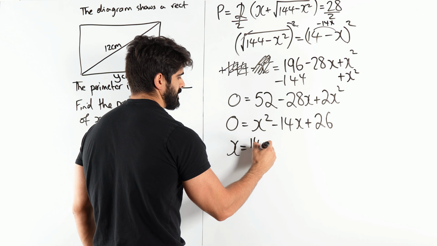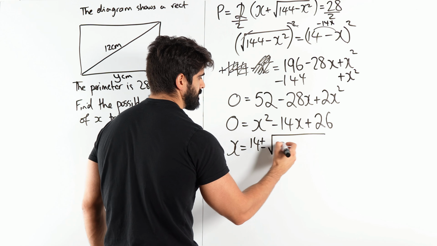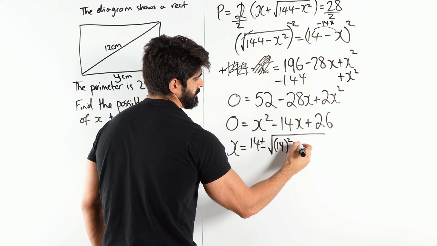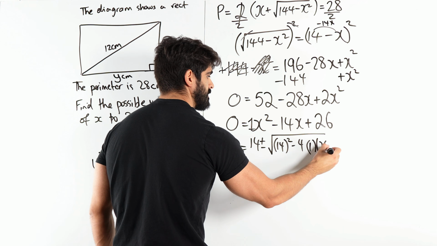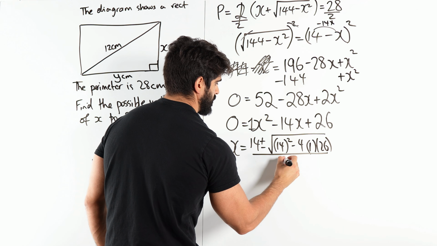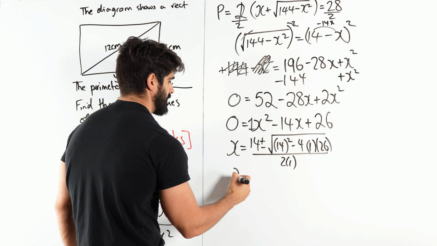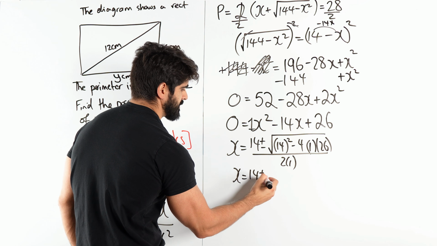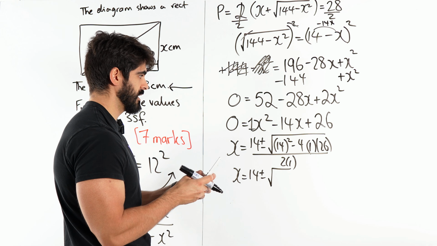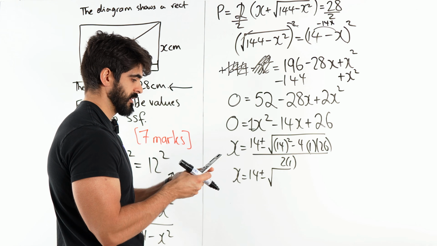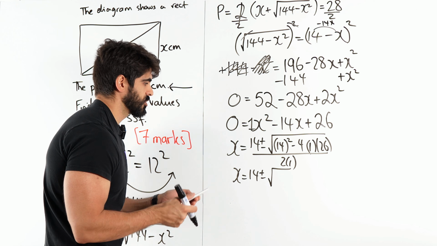x is minus b plus or minus root b squared minus 4ac, where a is 1, all over 2a. Now, if you guys remember, I've shown you this a couple of times now. Examiners love to see you type in what's inside the root. It does give you a mark a lot of the time, which is 92.